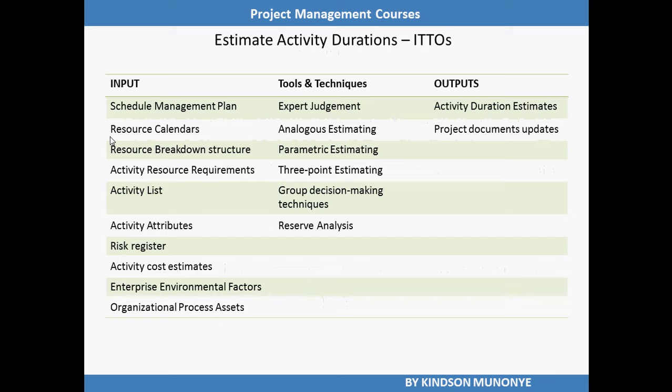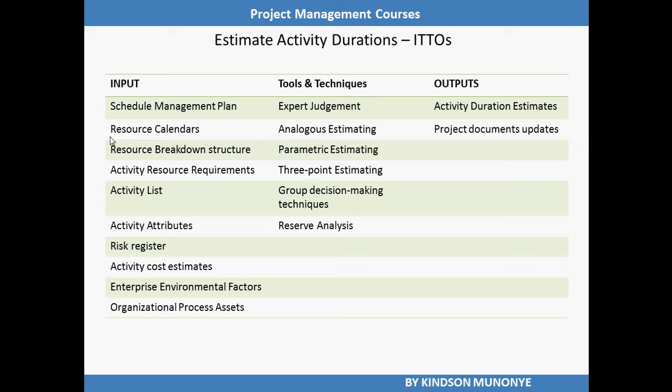The tools and techniques are expert judgment, analogous estimating, parametric estimating, 3-point estimating, group decision-making techniques, and reserve analysis. We have two outputs for estimate activity durations: activity duration estimates and project document updates.